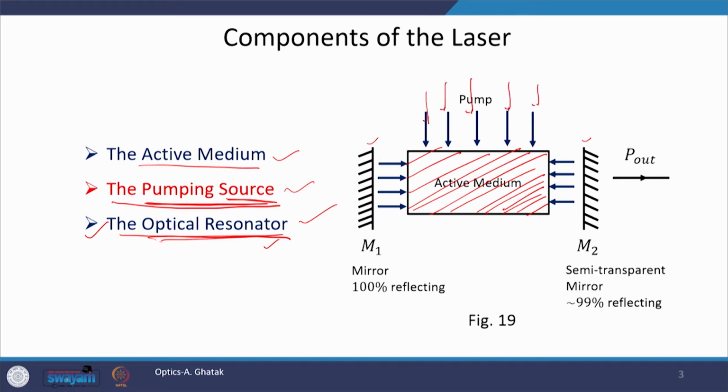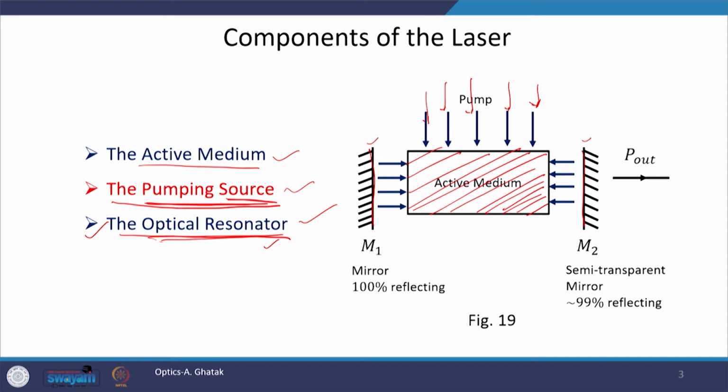Due to this pumping, population inversion is achieved, and these mirrors behave as an oscillator and create the optical resonator, which compels the photons to bounce back and forth, and ultimately it gives a very high energy, directional, almost monochromatic, coherent beam of light, which we name as laser.